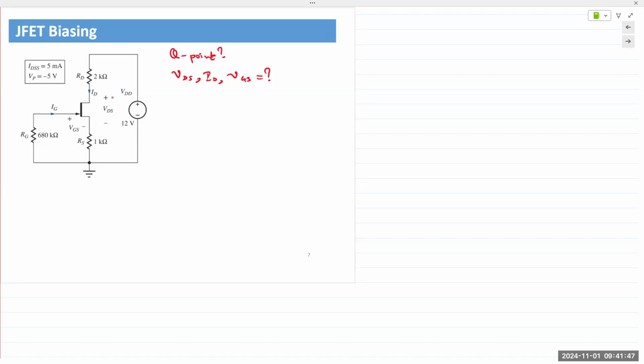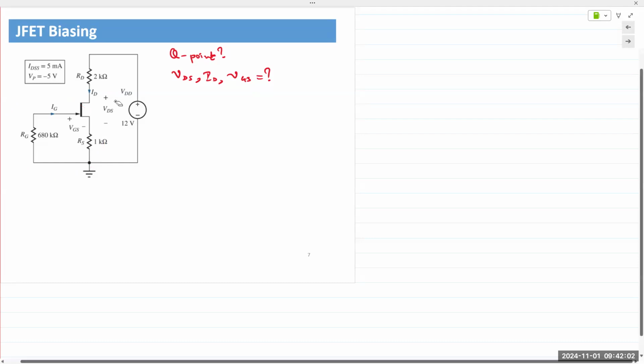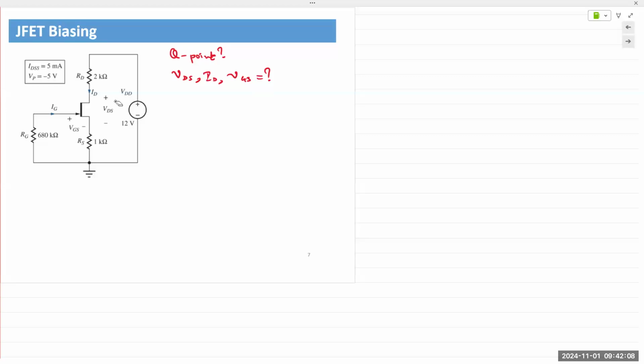And source is the common terminal between the two. In the input side, we have three voltages: the voltage drop across RG, the voltage drop across RS, and the gate to source voltage VGS, which is one of the things we need to find. So we'll begin by applying KVL at the input loop.